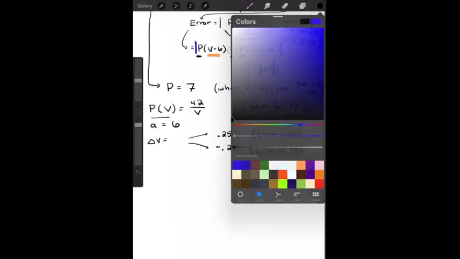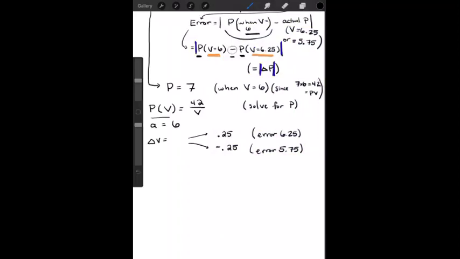So our final answer here, absolute value of delta P, is going to be the absolute value of P prime A times delta V. And it doesn't matter whether that's negative or positive, the absolute value is going to make this be the same.